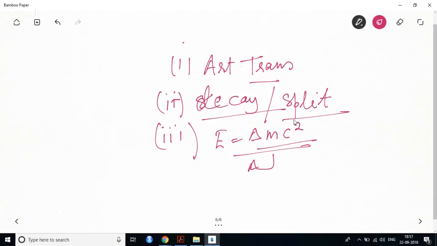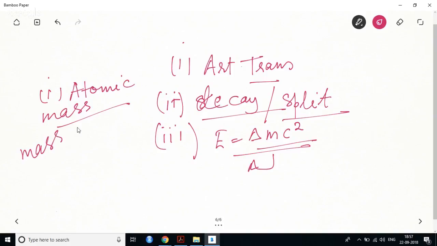Before I explain these things, one thing you should know is atomic mass. What do you mean by atomic mass? Atomic mass is the mass of an atom, measured in units. How do you measure the mass of an atom?